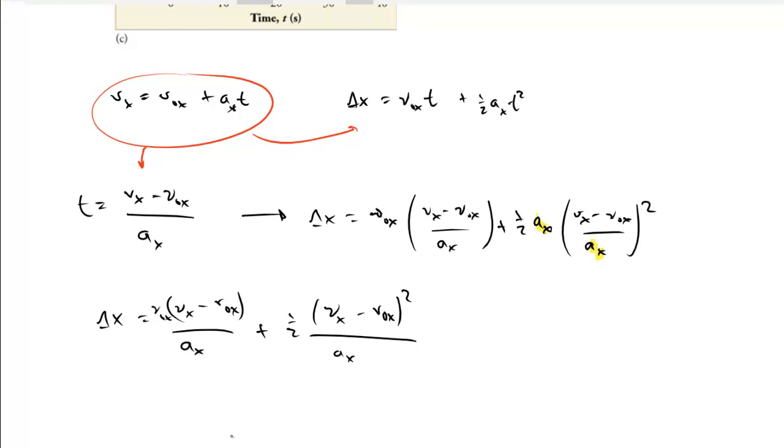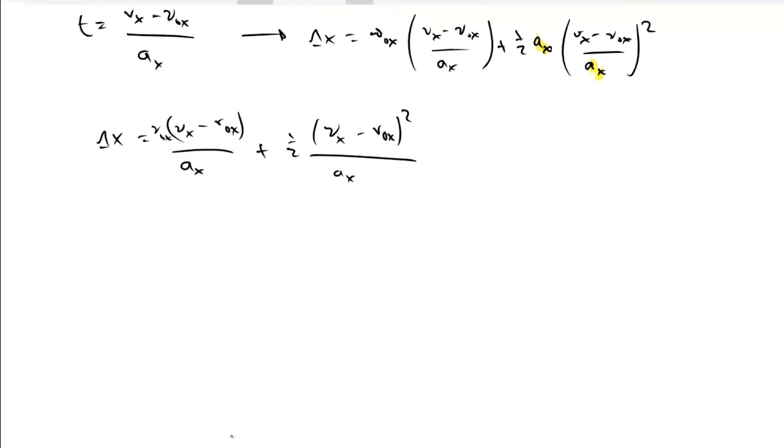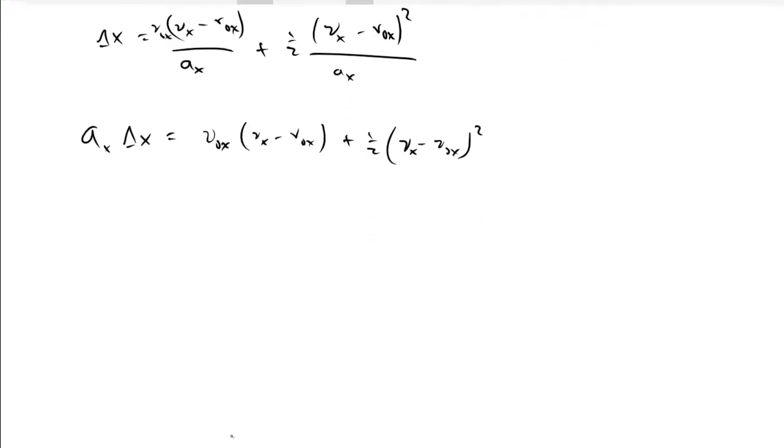So then I can multiply both sides by acceleration in the x direction, and we get ax delta x is equal to v naught x times (vx minus v naught x) plus 1/2 of (vx minus v naught x) squared.